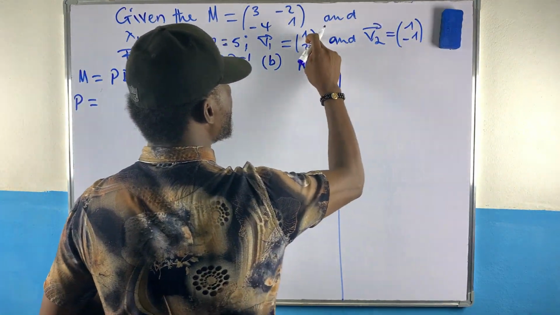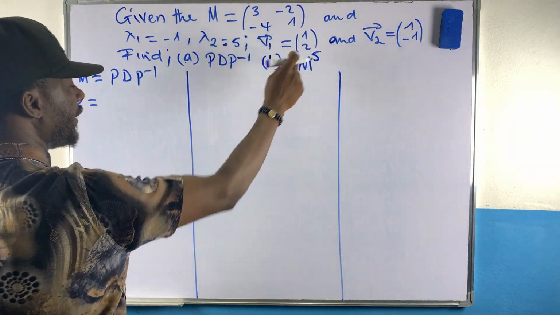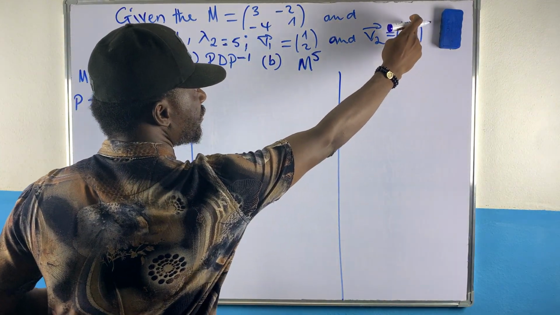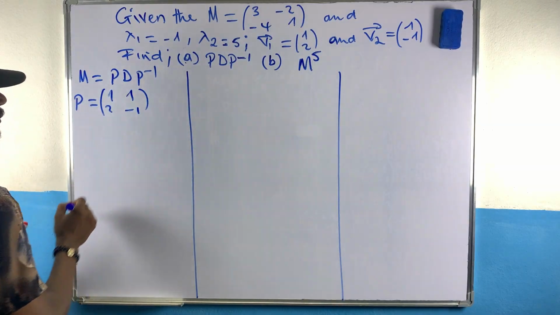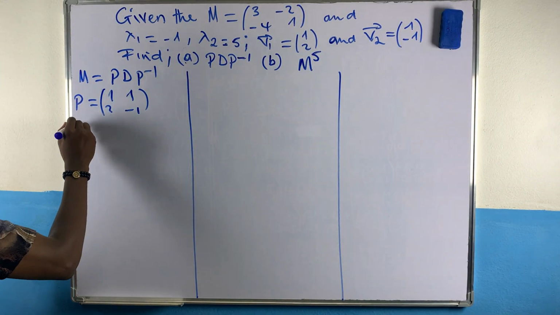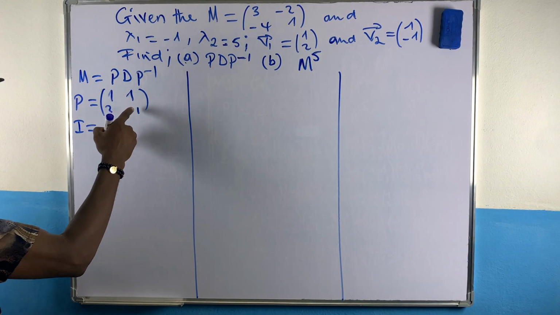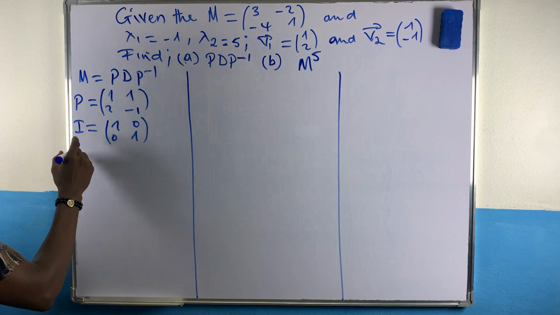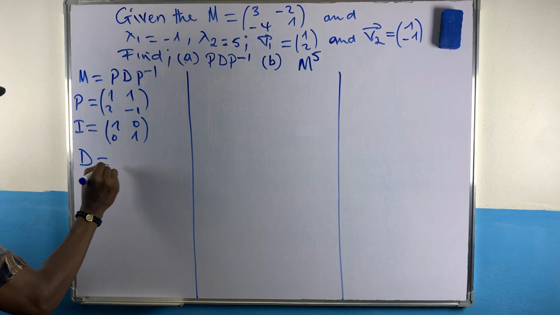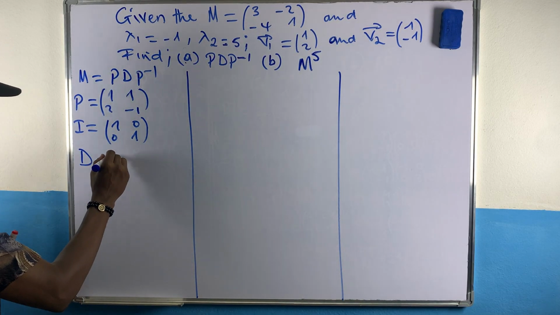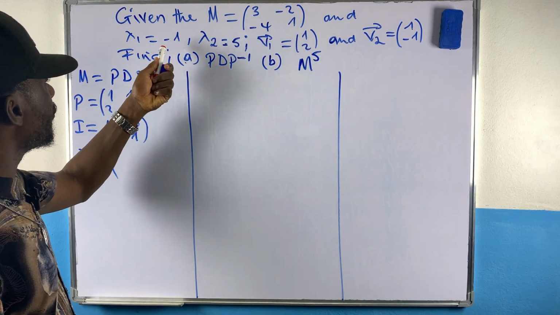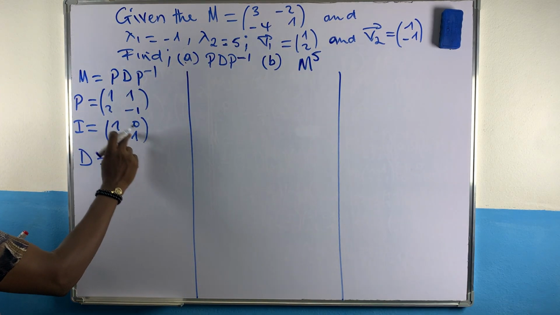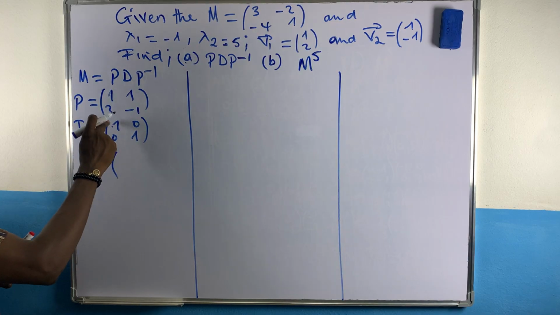So take note, I begin with eigenvector 1, which is 1, 2, followed by eigenvector 2, which is 1, -1. And mind you, my identity matrix for a 2 by 2 matrix is 1, 0, 0, 1. Then my diagonal matrix is going to be for us just to place the eigenvalues. So eigenvalues are supposed to replace this major diagonal.